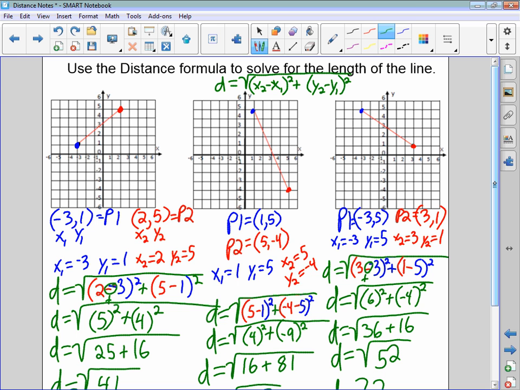And when we look at all three of these, if I wanted to go back through, I can make those right triangles. 1, 2, 3, 4, 5, and 1, 2, 3, 4. I needed 5 and 4.